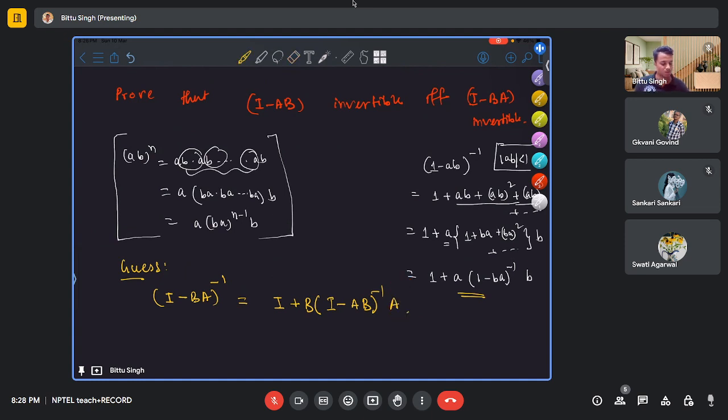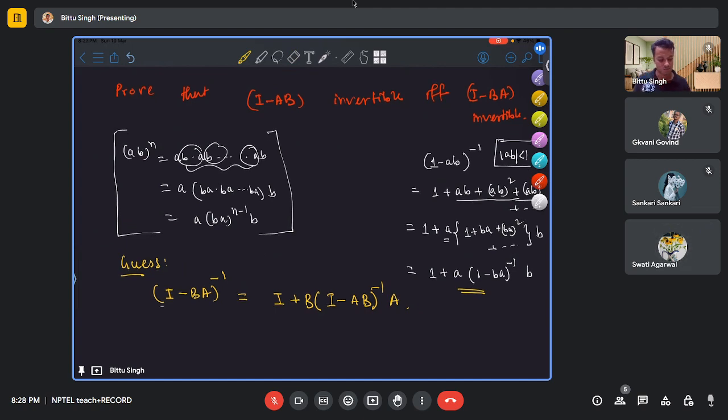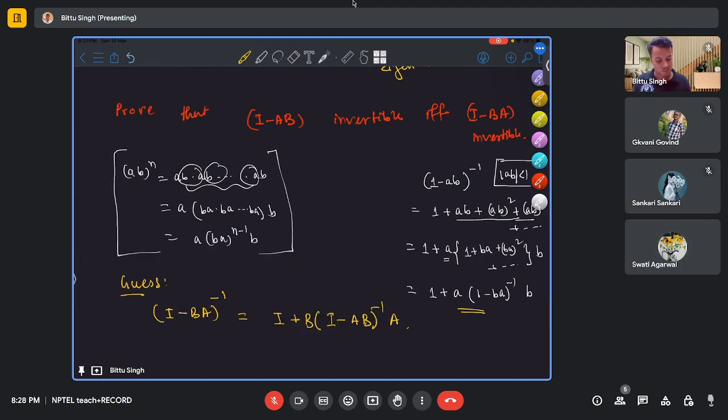We have interchanged the role of a and b. So this is our guess. So we need to prove that if this thing is invertible, this is given to you. There are two ways to prove something is invertible. Either do some operation and conclude that it is invertible, and the other way is to find the inverse of this. We are doing the second way. Okay, we are finding the inverse of this.